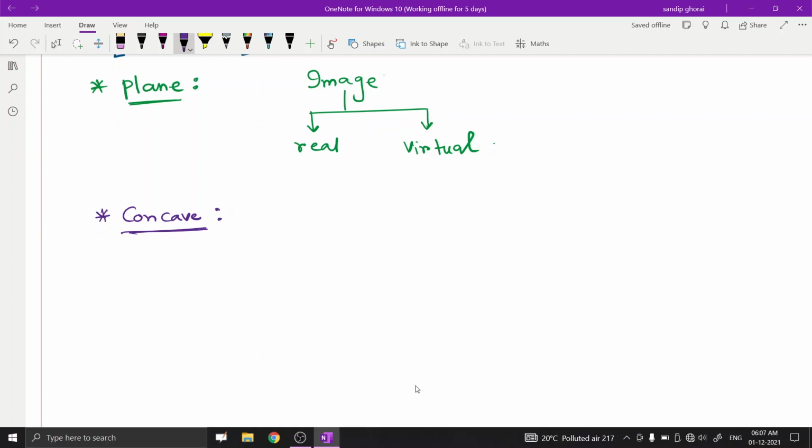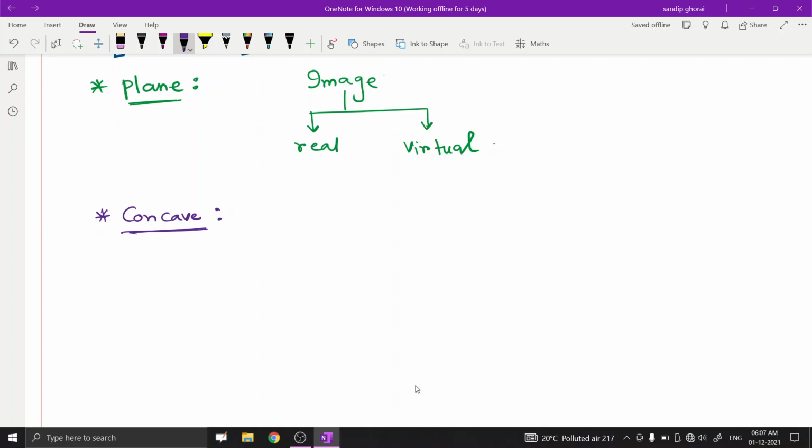In this case we get an image behind the mirror, that means an erect and virtual image. Otherwise, for a concave mirror, for all other positions we get a real and inverted image, but the size is different, depending on the position of the object.